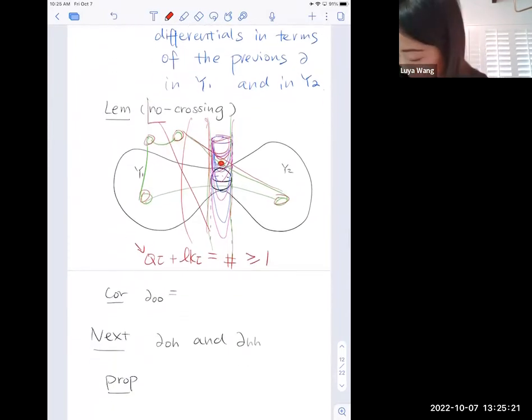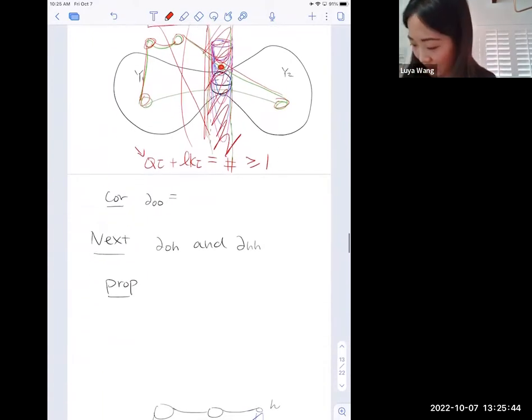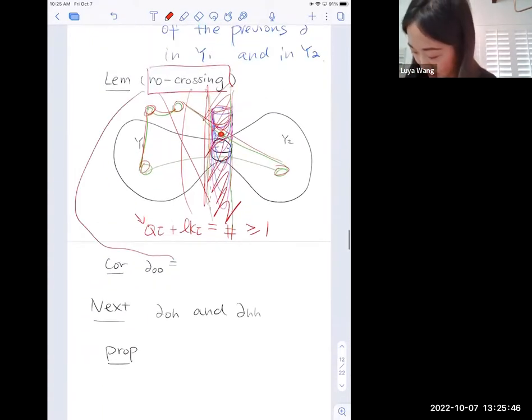No crossing tells you that you can't have curves that cross this region. So you're left to consider curves that are entirely in Y1 or entirely in Y2, or that have asymptotic ends on the special hyperbolic orbit that we added in the connected sum.